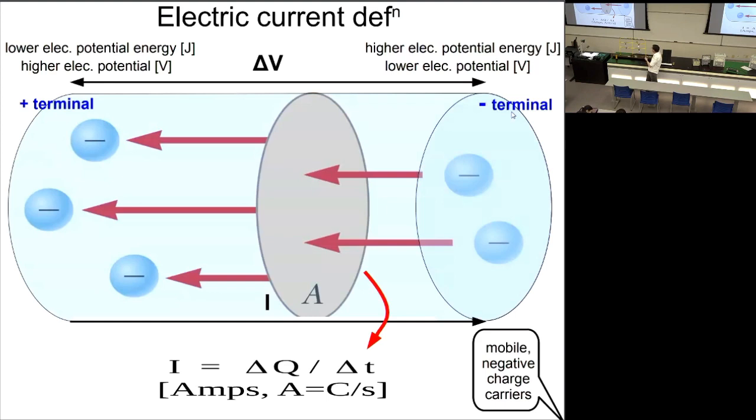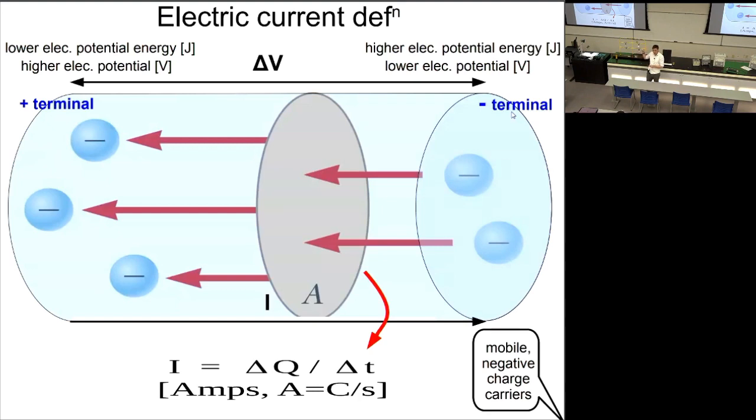So this is the real picture in a wire. This is the real picture, say, in a copper wire. The current size is still defined by this equation, the amount of charges carried by the electrons per unit of time. But the direction of the current, because of this mistake, is defined as the opposite direction to the motion of the electrons.